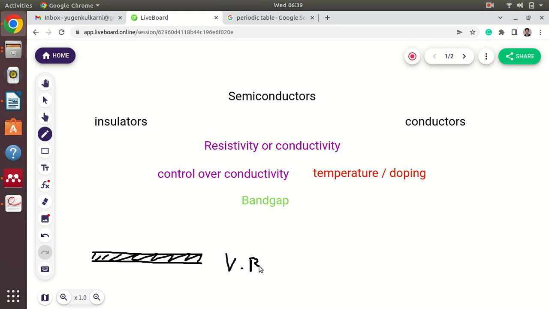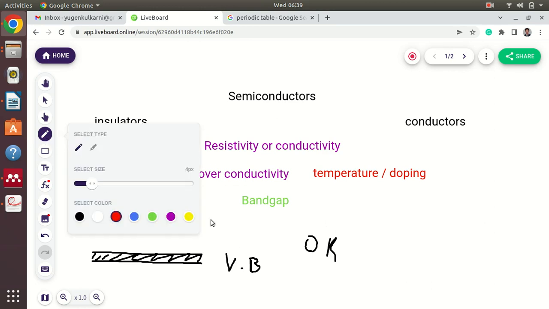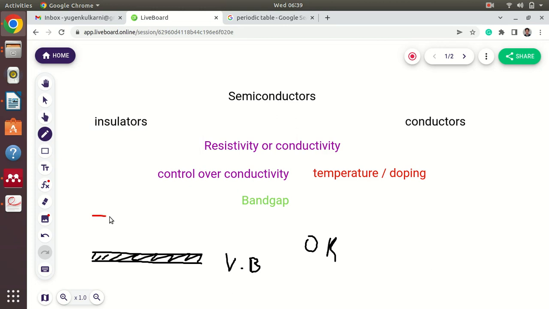By definition, at 0 Kelvin, this valence band is filled partially or completely. This is the highest energy level which is filled at 0 Kelvin. This is important, at 0 Kelvin. So this is completely or sometimes partially filled at this temperature, and there can be other levels above that because there will be some excited states.